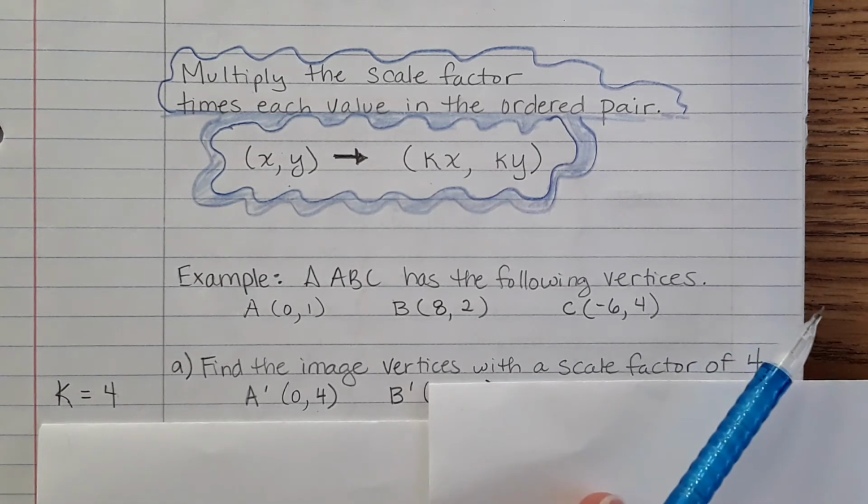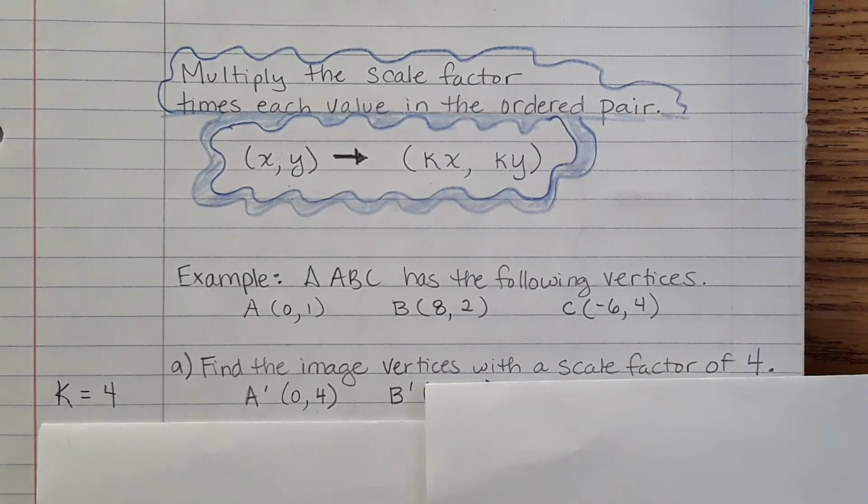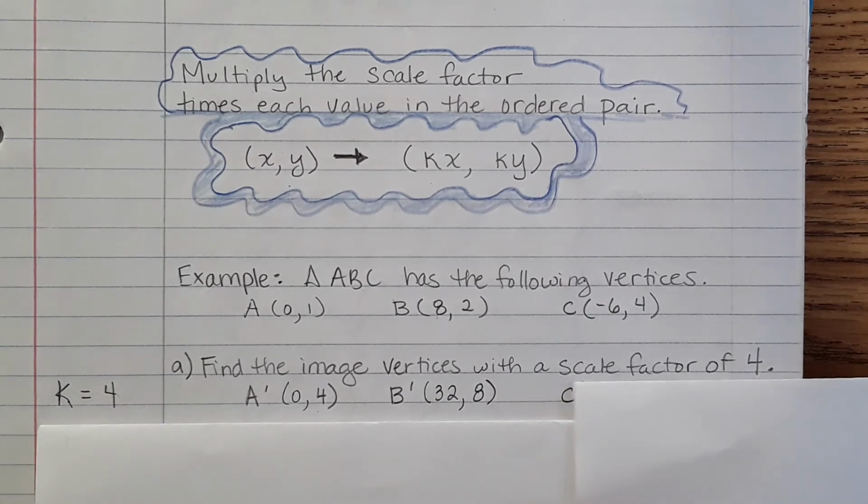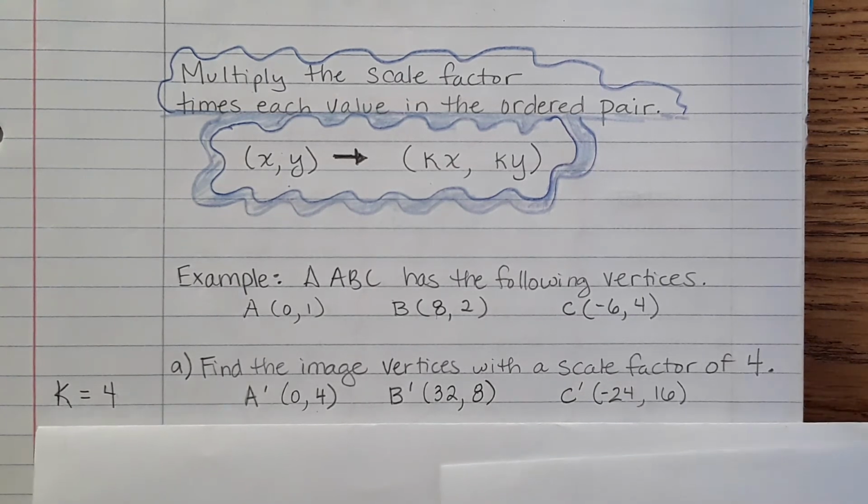So this is B prime. 8 times 4 is 32, and 2 times 4 is 8. And C prime, -6 times 4 is -24, and 4 times 4 is 16.